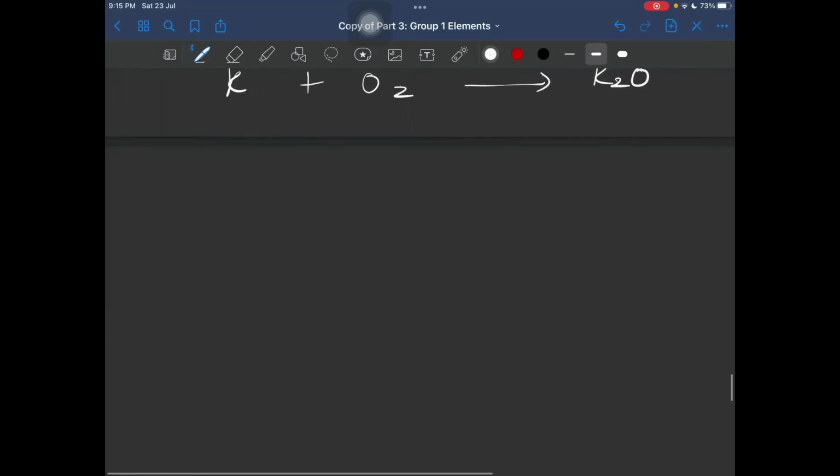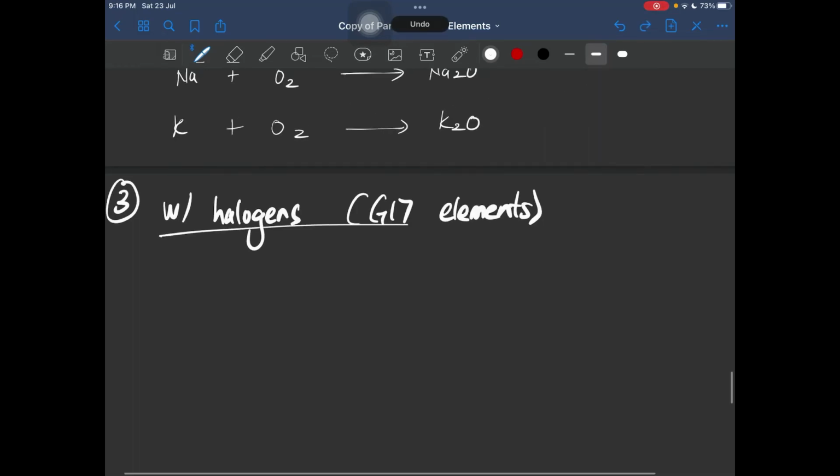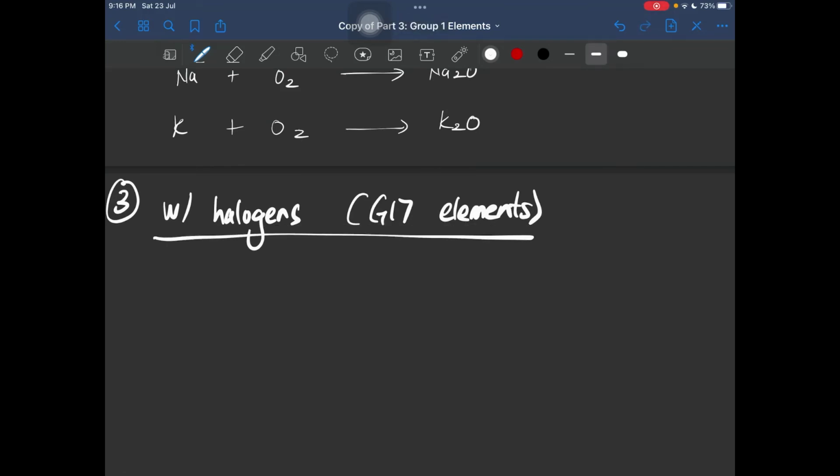The last reaction, the third reaction, would be the reaction of alkali metals with halogens, which are the group 17 elements. We don't have much time to discuss every group 17 element, so we're just going to discuss chlorine gas, in which we will burn the alkali metals in chlorine gas.